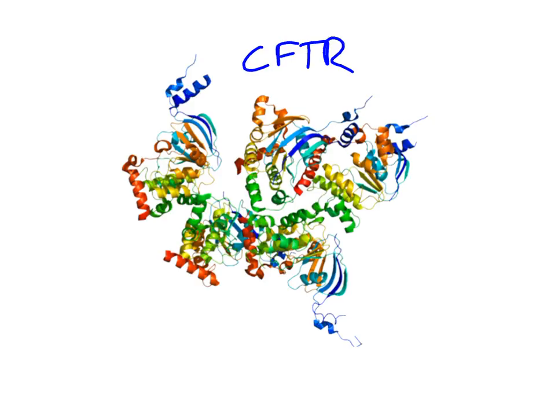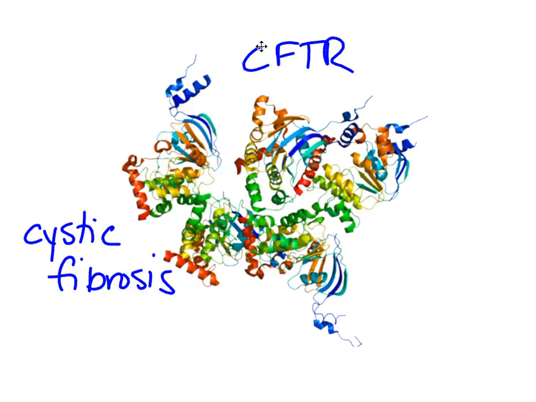And what it does is allow chloride ion passage out of the cells into the mucus that coats the epithelial cells. Now, if you have a faulty CFTR gene, it is possible for you to get a disease called cystic fibrosis, which is a debilitating and fatal disease.